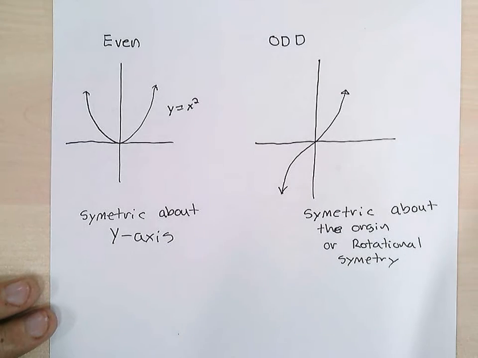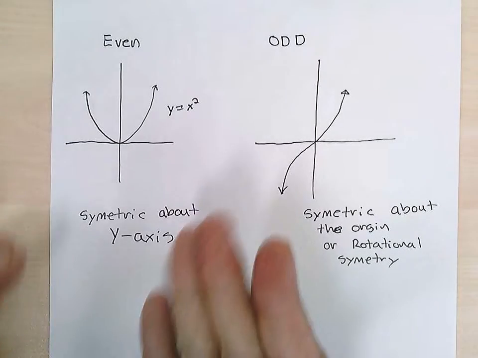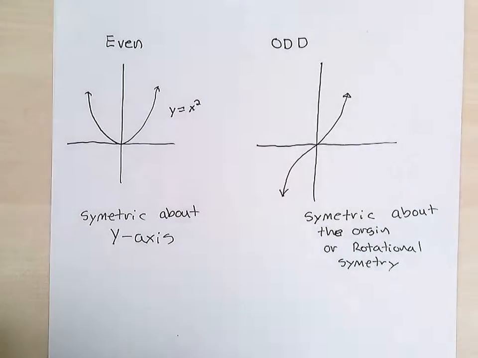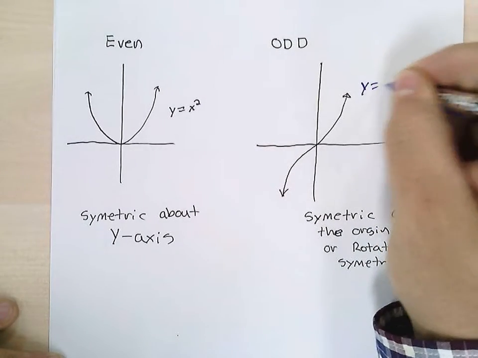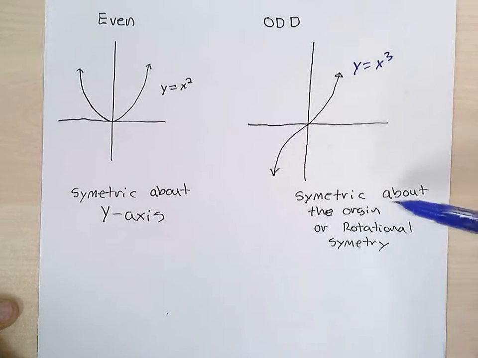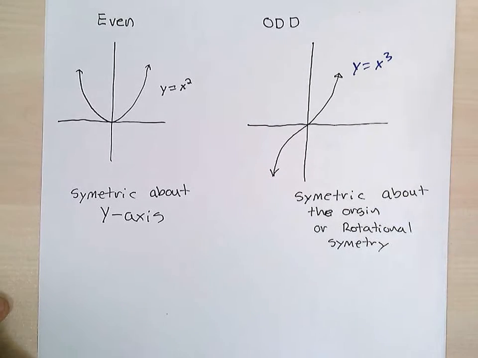So as long as they completely fold over and it's on top of each other, then that's what we call an even function. Now, an odd function would be something like a cubic, or this is y equals x cubed, or something like it. Now, this has what we say is symmetric about the origin, or we can call it rotational symmetry. So it rotates 180 degrees, and it's the same function.